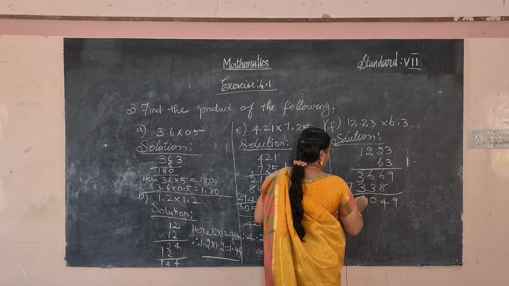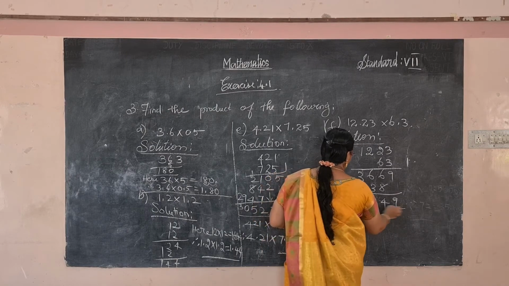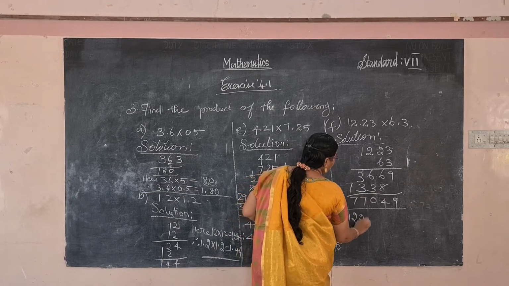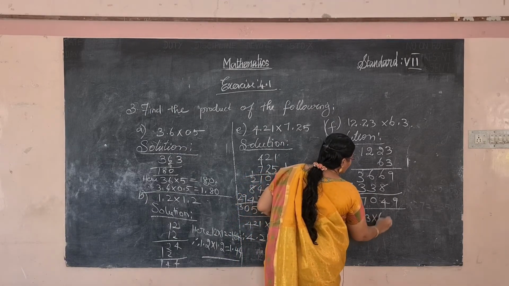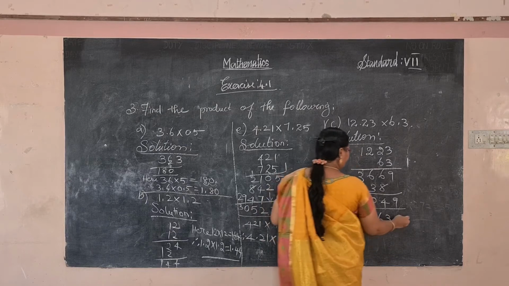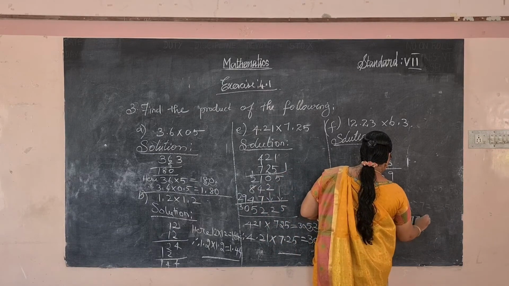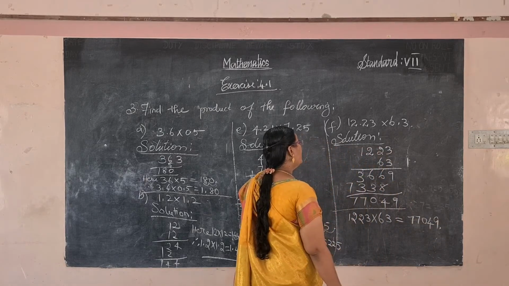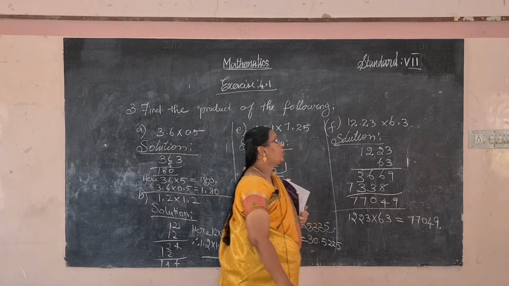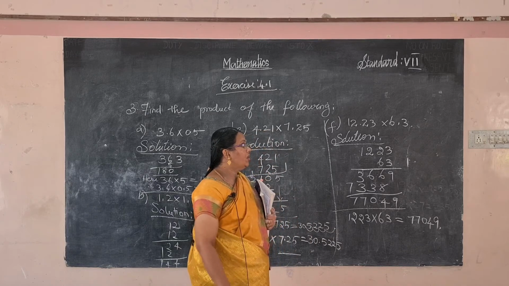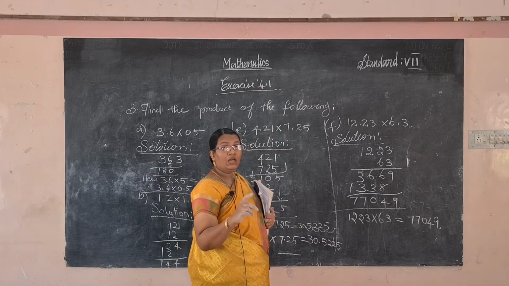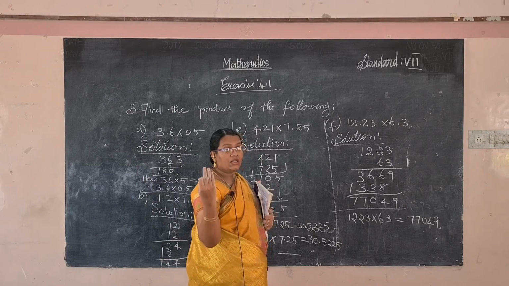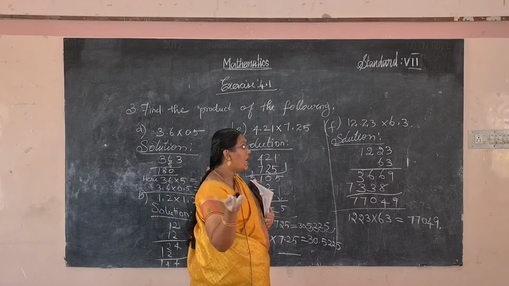The product of 1223 into 63 is equal to 77,049. Okay. So how many decimal places after the decimal point in the first number? 2. The second number has 1 decimal. Total number of decimal places is 3.